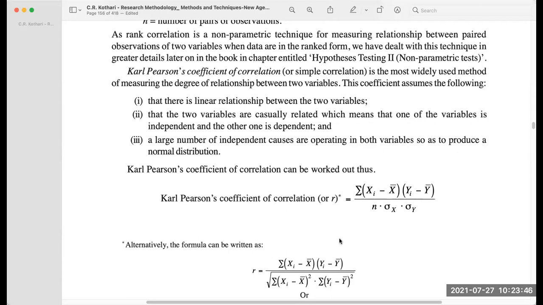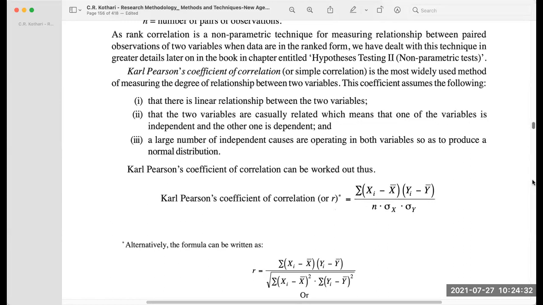If this R value is coming near to 0, that means it is very unlikely that one variable has an effect on the other. 0 means there is no correlation at all, right? If there is +1 or -1, there is a strong correlation. In +1, there is a positive correlation, one increasing, the other increasing. If there is -1, that is a strong correlation, but in the opposite direction, the reciprocal one.